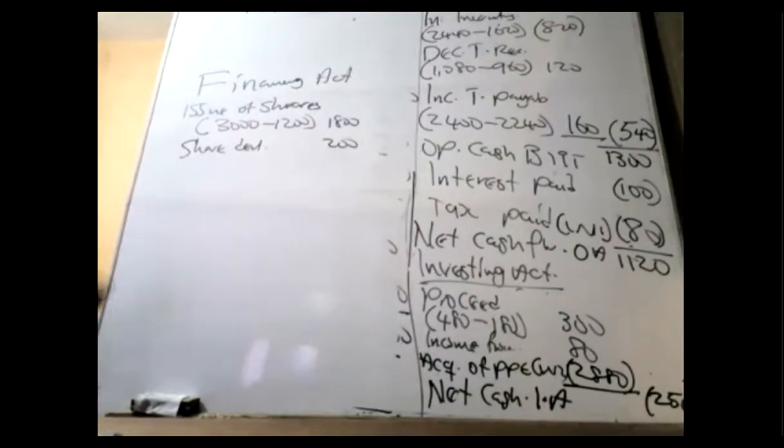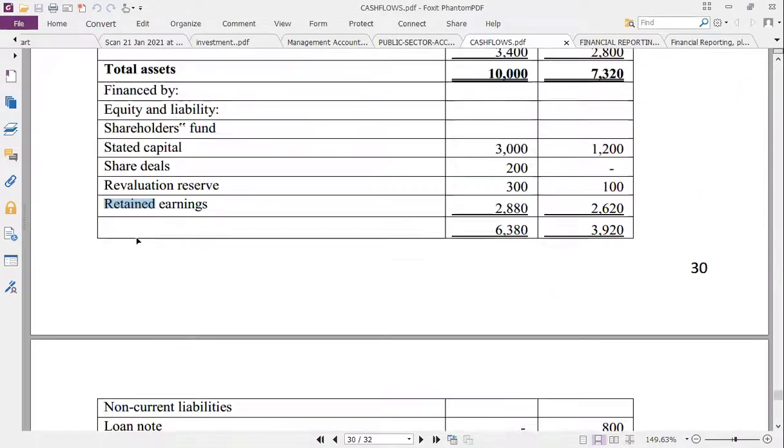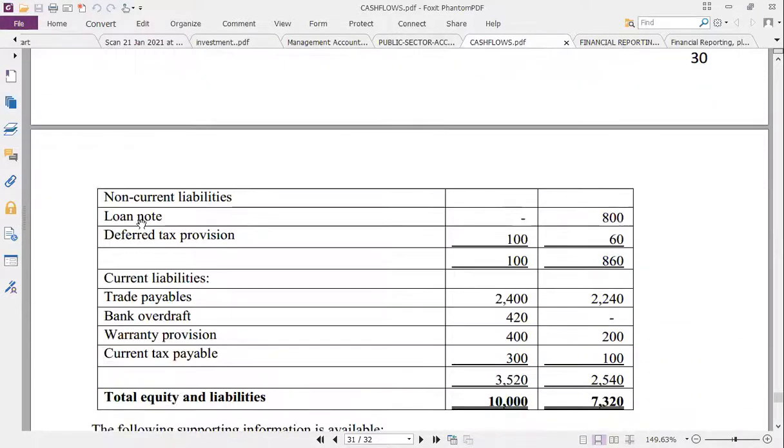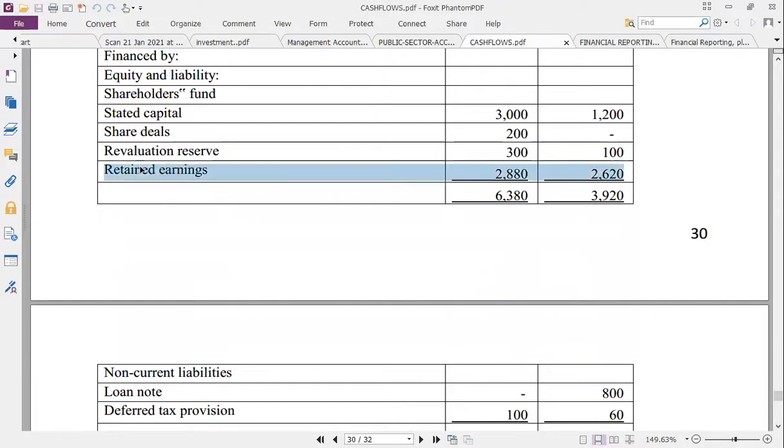The next item, revaluation reserve, move on. The next item, dividend. Before we calculate dividend, let's check the straightforward ones, those that do not need any complex calculation. Retained earnings, I'm going to use the dividend workings. Before I calculate anything complex, I make sure the easy ones are done first.